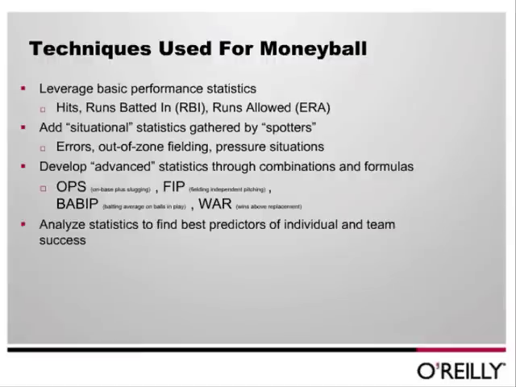Things like OPS, which is on base plus slugging percentage, or BABIP, which is batting average on balls in play. These are things that are now heavily discussed to categorize players into different categories, and they combine a number of other statistics. And basically then with these statistics, again, we're going to try to find the best predictors of individual and team success, and then we're going to use that to develop strategies.